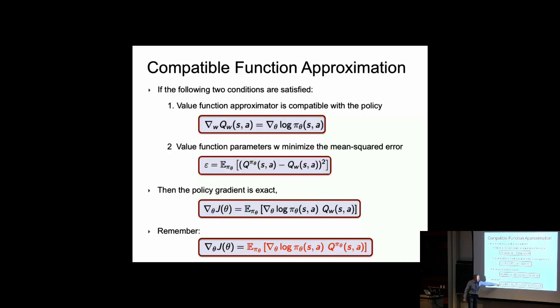It wishes it could use this, but it doesn't know Q theta. But it's going to turn out that under these two conditions, it suffices to use the estimated approximate Q function parameterized by W, and this policy gradient is exactly this. That is, the expectation of this quantity is the expected value of this quantity.